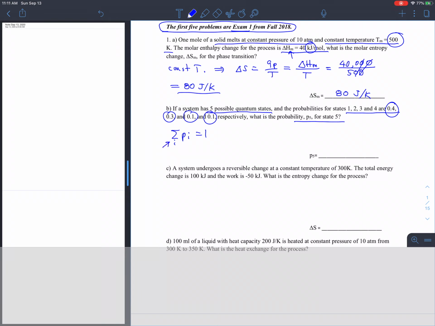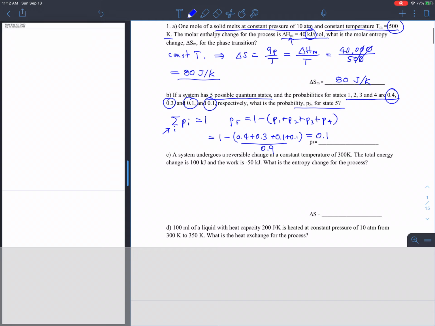So we know 4 of the 5, that means P5 is equal to 1 minus P1 plus P2 plus P3 plus P4. That is 1 minus 0.4, 0.3, 0.1, and 0.1. All of that adds up to 0.9, and so the probability P5 is 0.1.